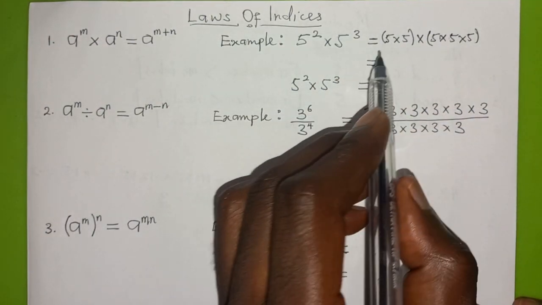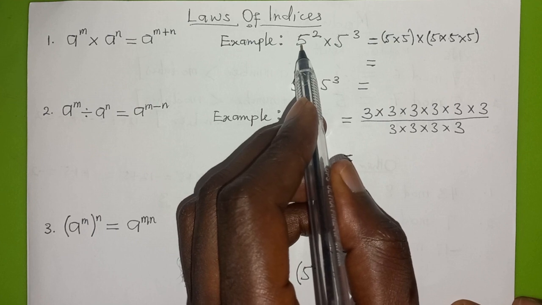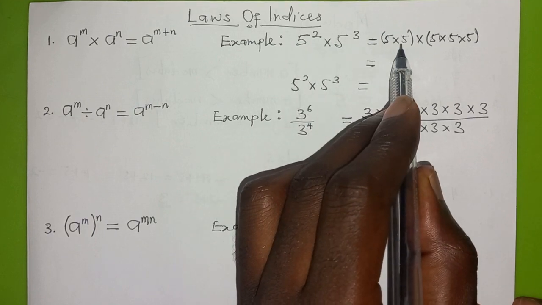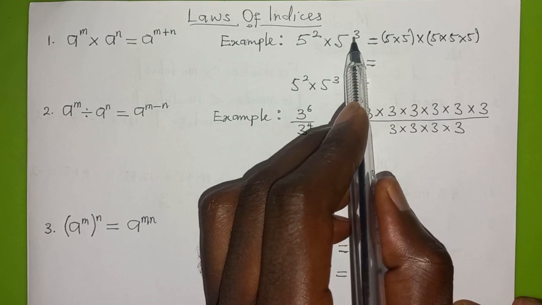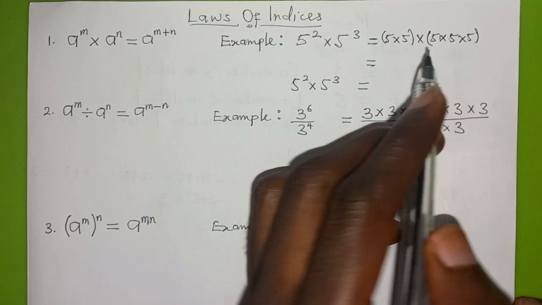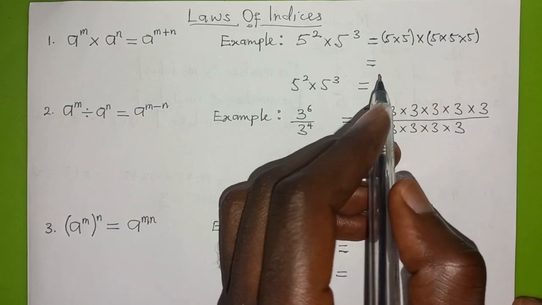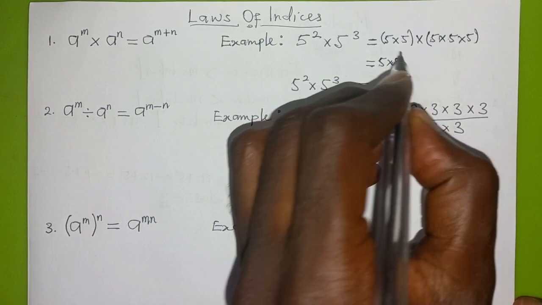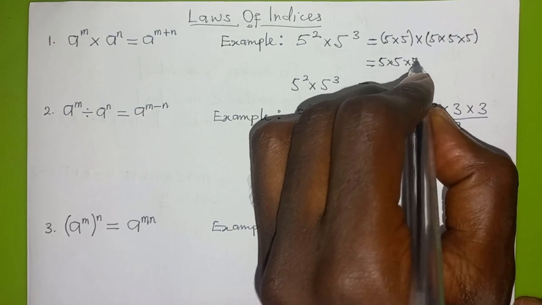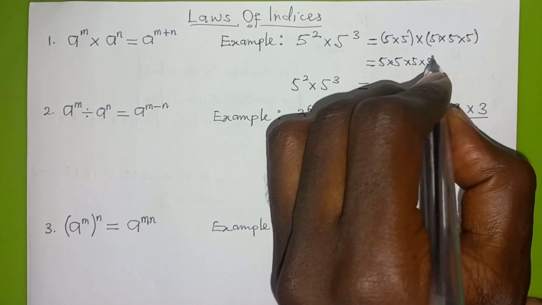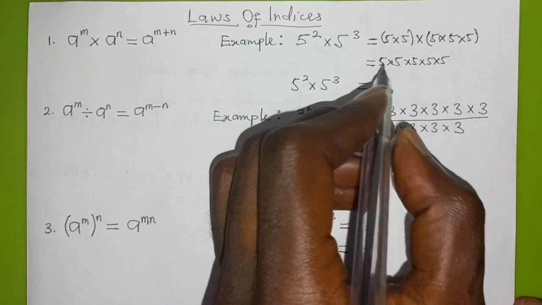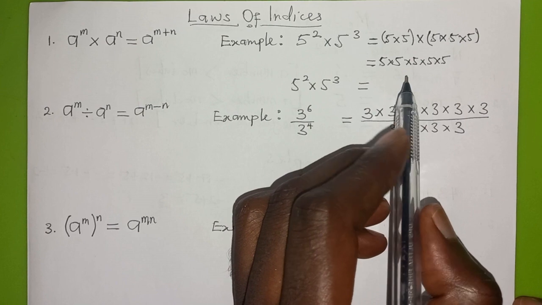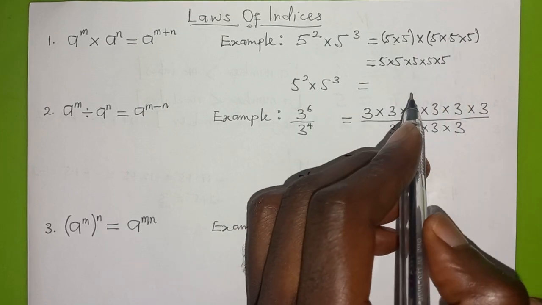Okay, so we have the first, which is 5 raised to the power 2, is 5 times 5, and then this 5 raised to the power 3, which is 5 times 5 times 5. We can re-express this as 5 times 5 times 5 times 5 times 5. All right, so I just removed the brackets.